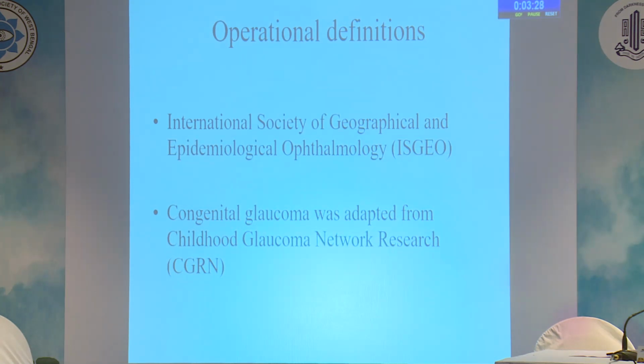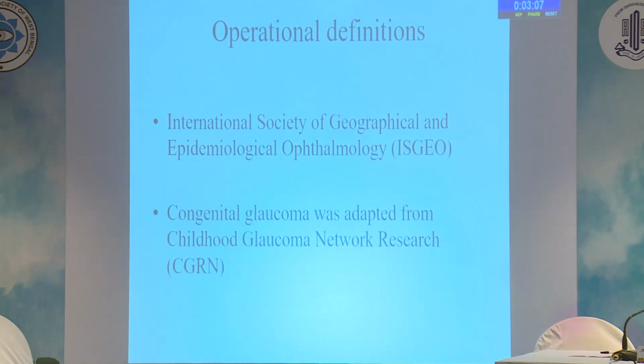Glaucomas are diagnosed based on the level of evidence. Level of evidence one is when there is a visual field finding which correlates with the disc finding and suggests glaucoma.